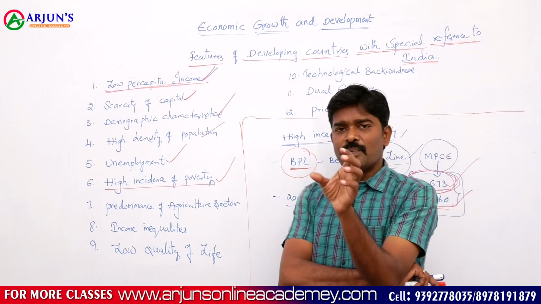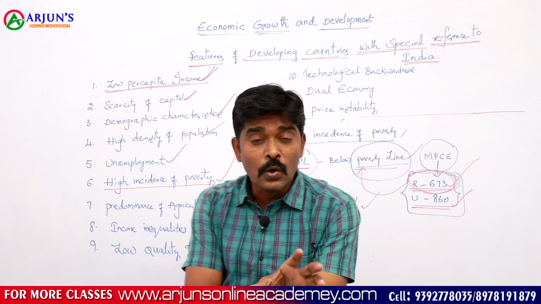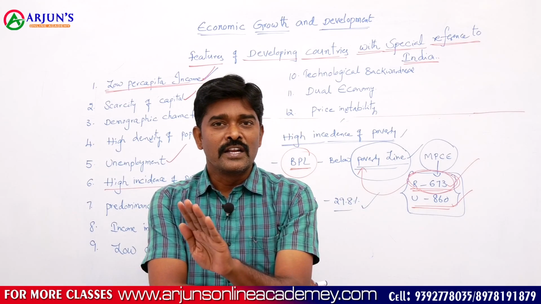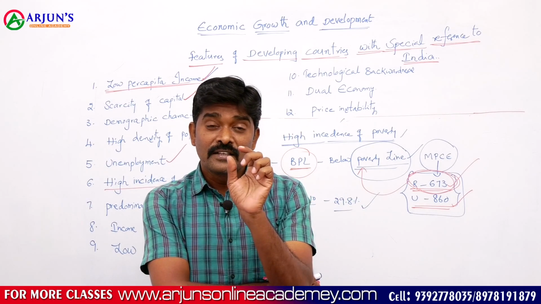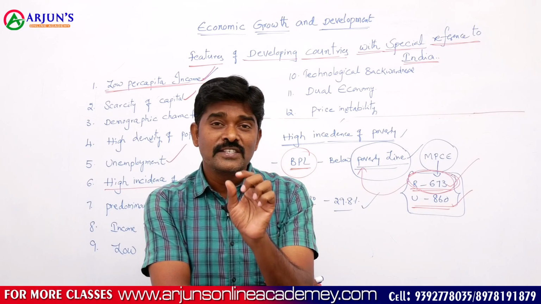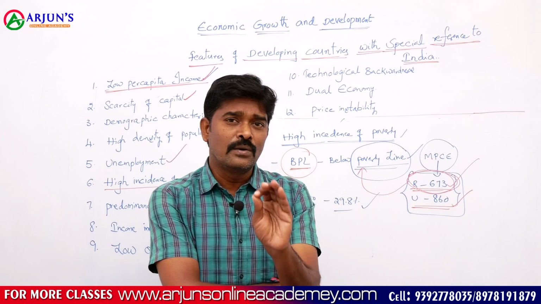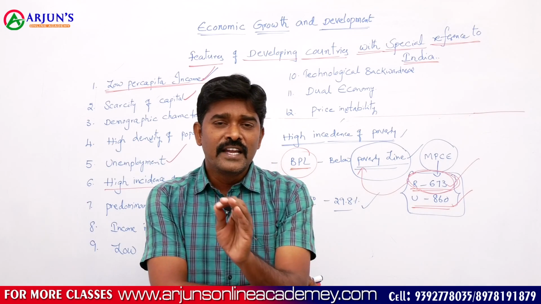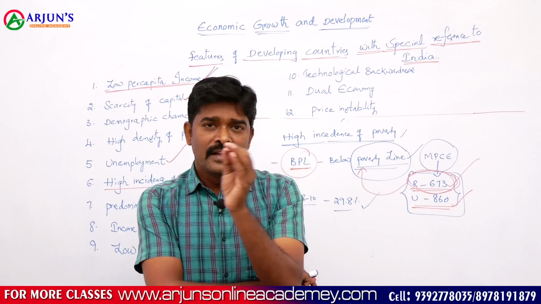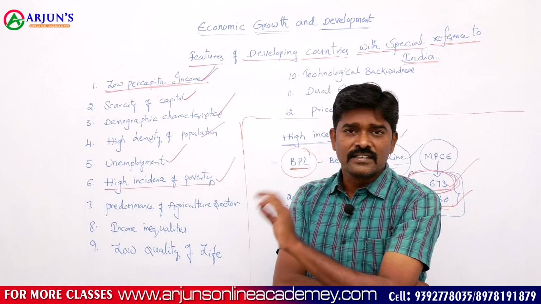The poverty ratio is very low in the developed countries because there the significance and predominance of the agriculture sector is very low. That means the majority of the people in the developed countries get their employment and existence in the industrial sector and service sector.